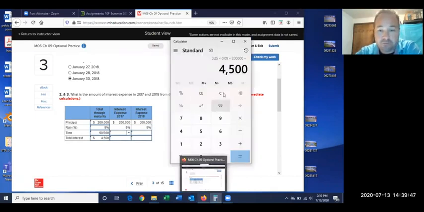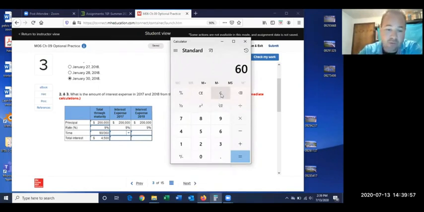So the first part is we added up November and December. There was 29 days in November, not counting day 1, and December had 31, so that's 60 days. So I'm going to show 60 here.